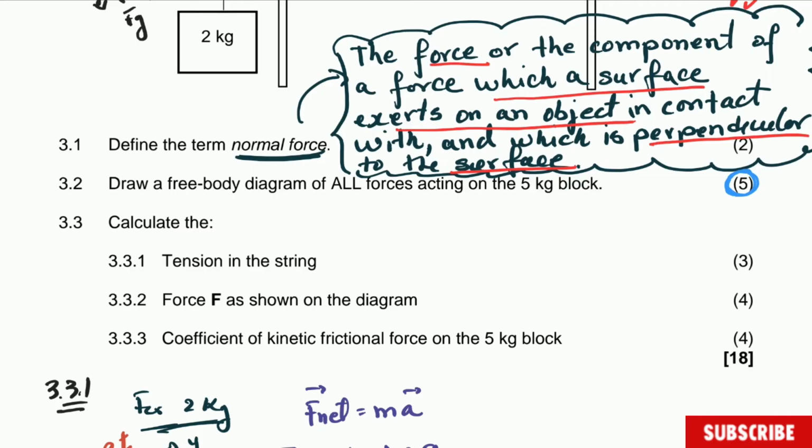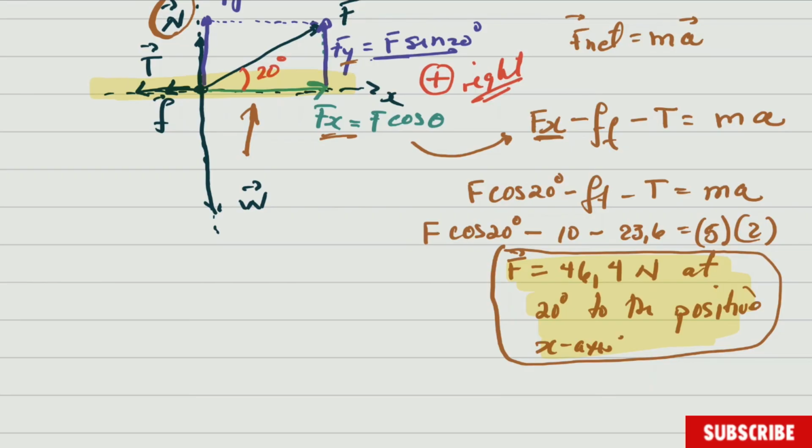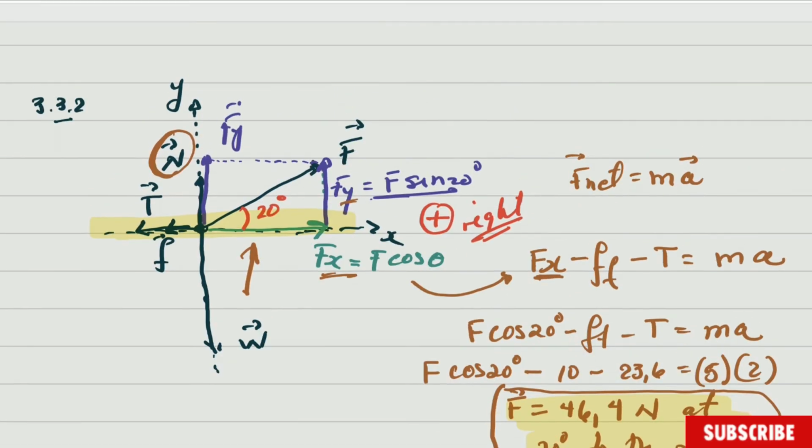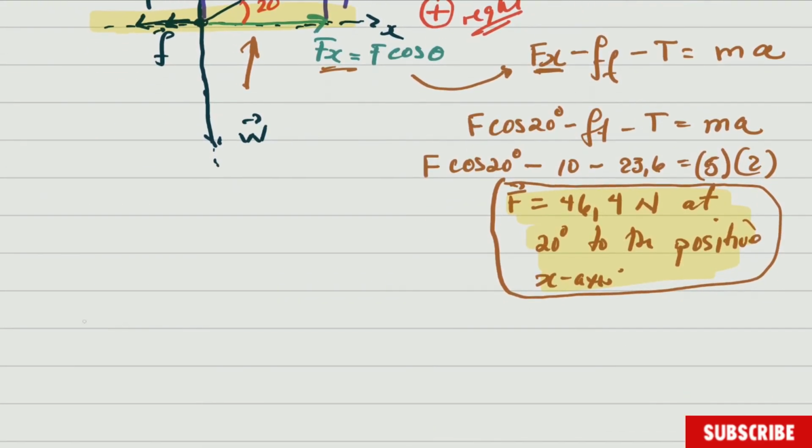That one is this calculation, and I hope you understand it's quite simple. And then to finish the question, they say calculate the coefficient of kinetic friction on the 5 kilogram block. And we are now back to this page here, 3.3.3. Calculate the kinetic coefficient of friction. Now, what formula can we use?